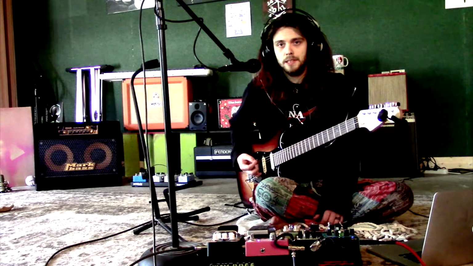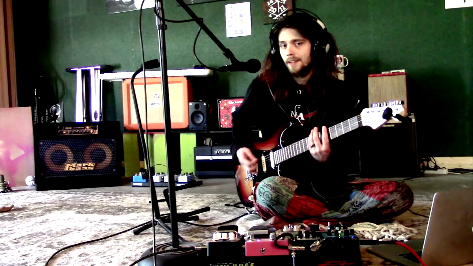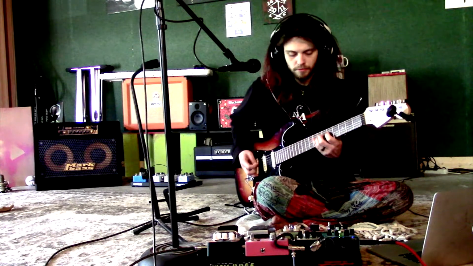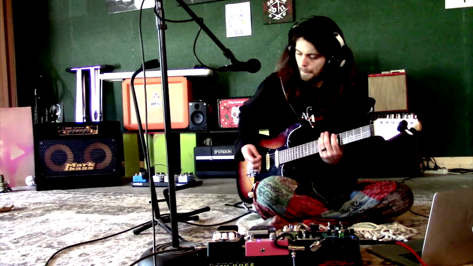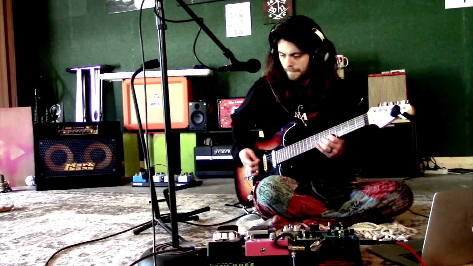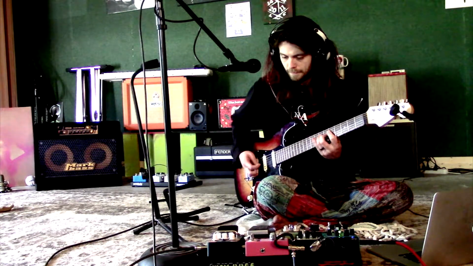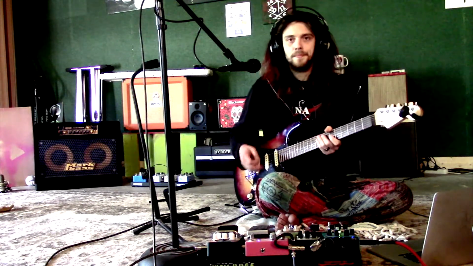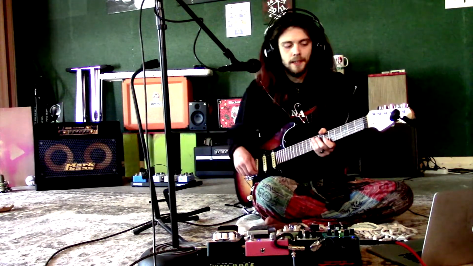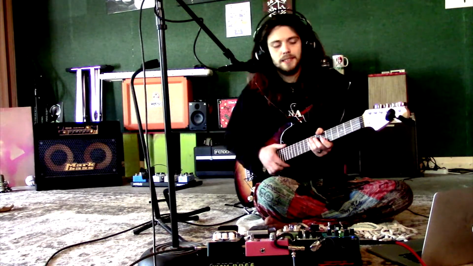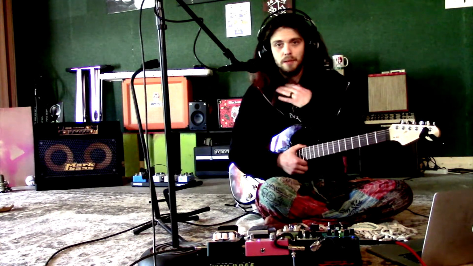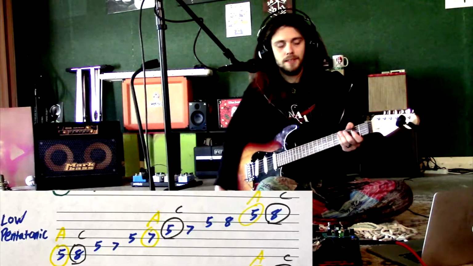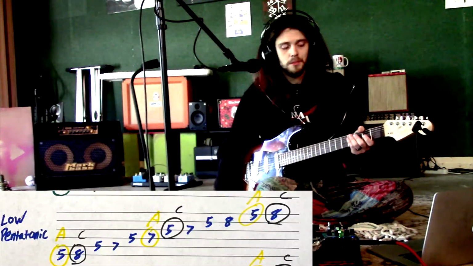Same scale, I'm going to use all the same notes, but my root note is C. Same notes, but it sounds pretty different. And again, this is relative keys. This is pretty powerful. We're going to keep using this throughout everything we do. So we've got a key, we've got a relative key, we've got this pentatonic scale in the key of A minor, also in the key of C major.